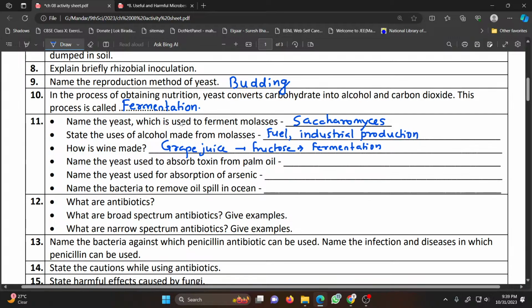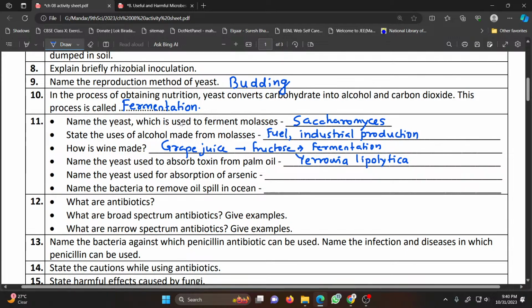Yarrowia lipolytica. Name the yeast used for absorption of arsenic.